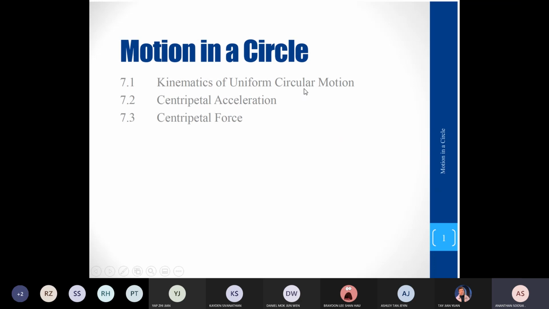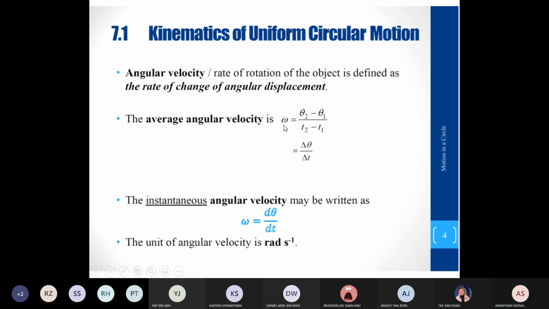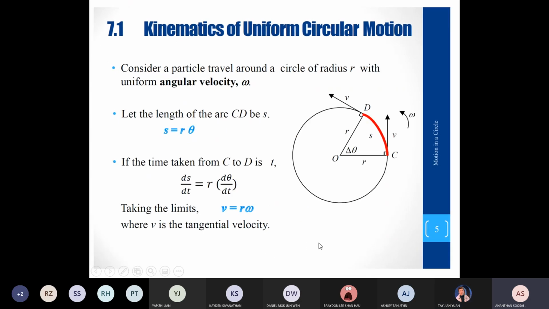Okay, so let's do a recap of what we learned last class. We learned what angular displacement is. We talked about angular velocity, omega, theta over t, 2 pi over T, 2 pi f, in radian per second. Then we talked about linear velocity and how it links to omega, v equals r omega.